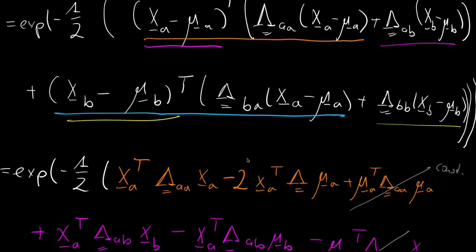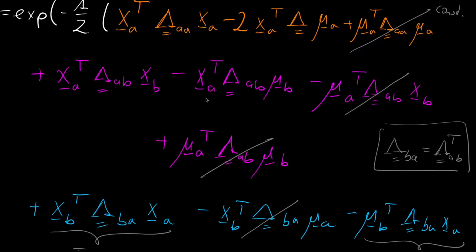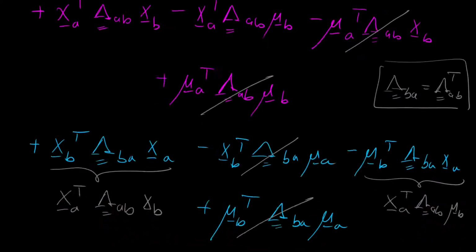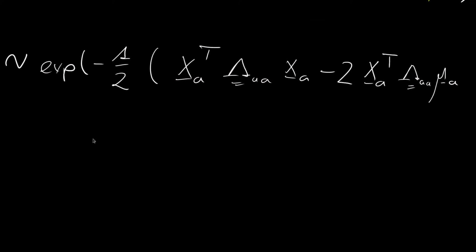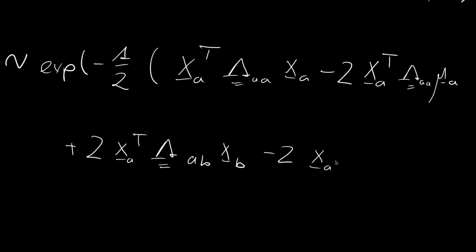This is just directly taken here. And then we can add up the 4 left terms into 2 joint terms basically and get a plus 2 x_a transpose lambda_ab x_b and a -2 times x_a transpose lambda_ab mu_b. And let's close it down and close it down again for the exponential.